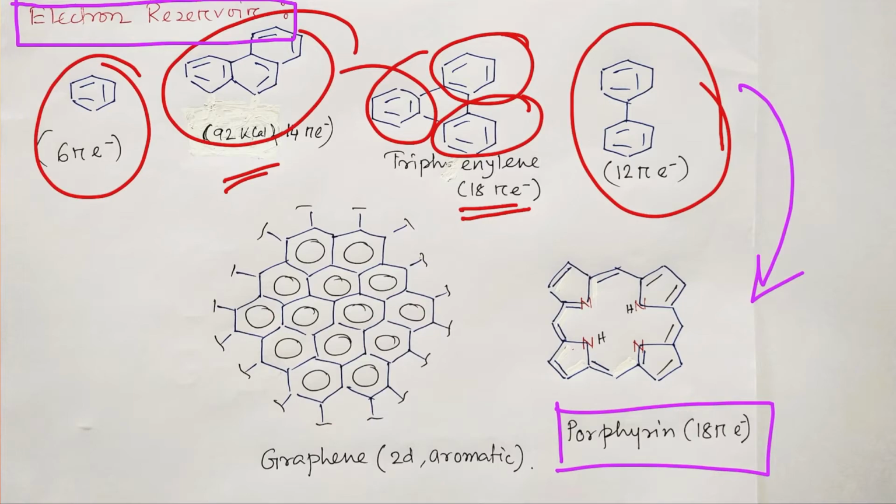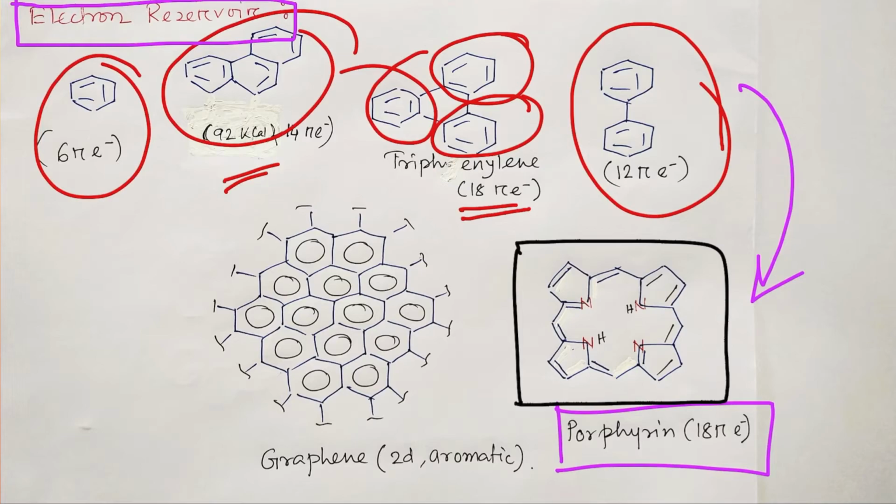Similarly, think of electrons. What happens if you increase the number of pi electrons and they are in conjugation, and they are stable because of aromaticity? They can give electrons, they can take electrons. Now you will say, sir, if they give or take, then their aromaticity will be hampered.